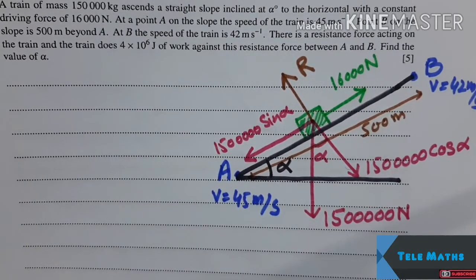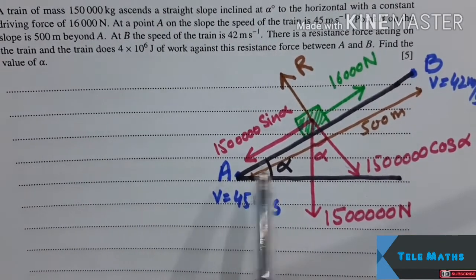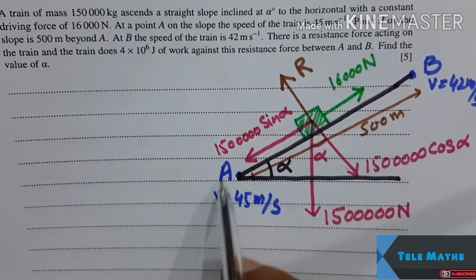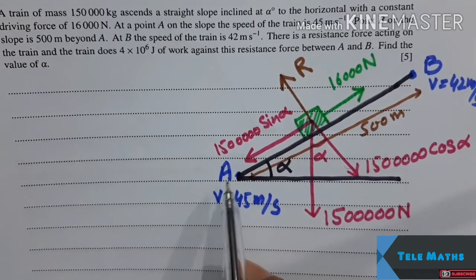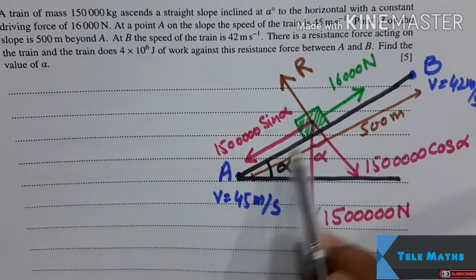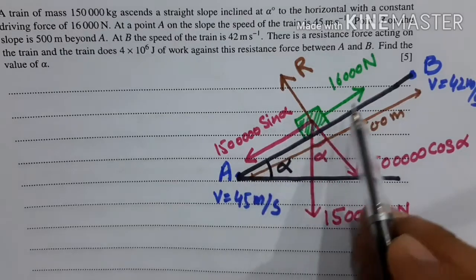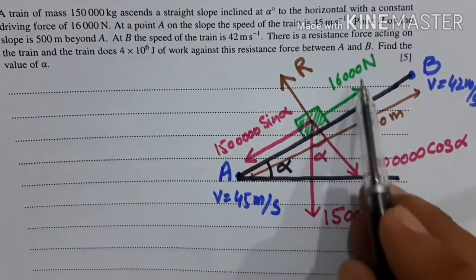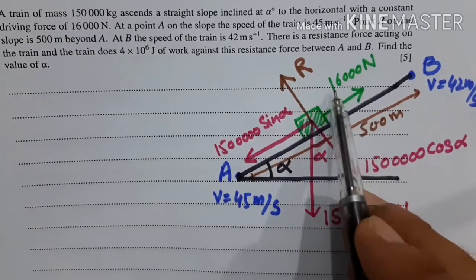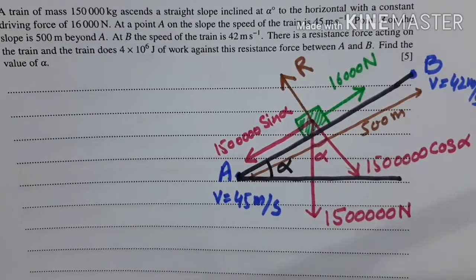Okay, now at point A, there are two quantities in the train. Number one is the kinetic energy, and number two, the train started doing work from A to B, because the engine is exerting a force of 16,000 newtons for the distance of 500 meters.